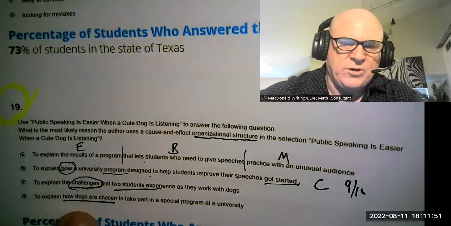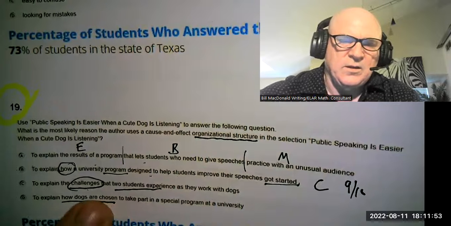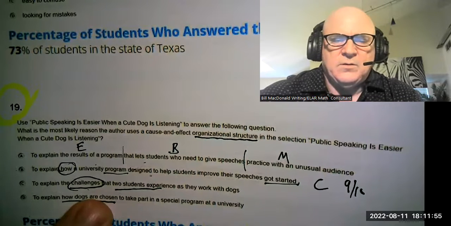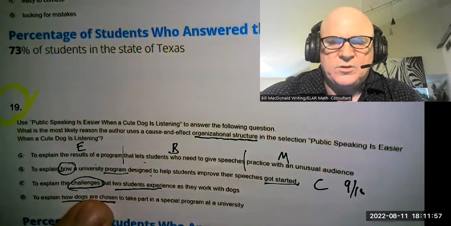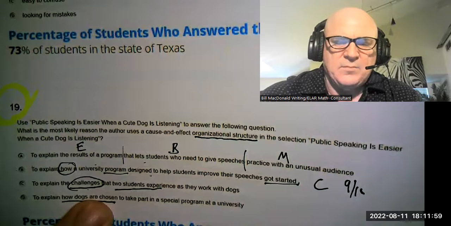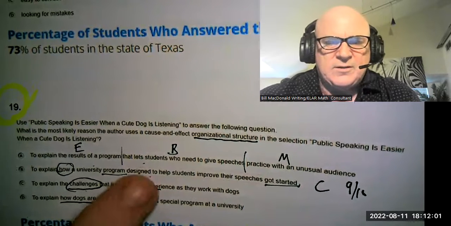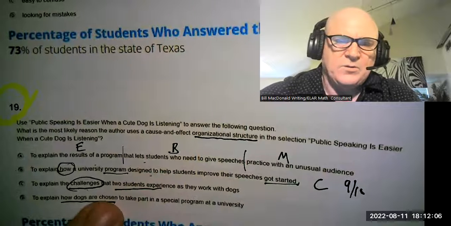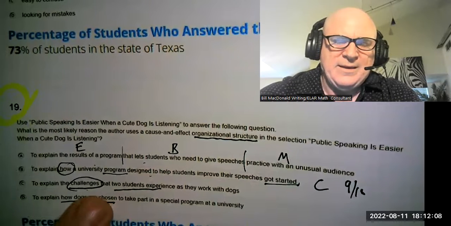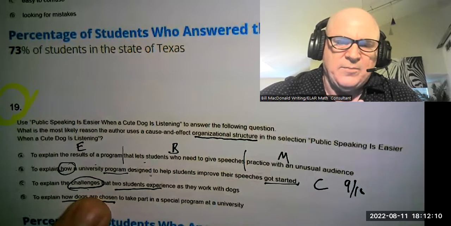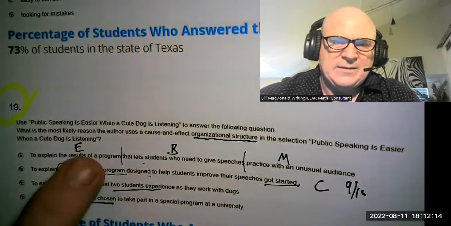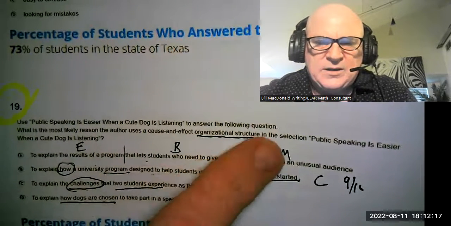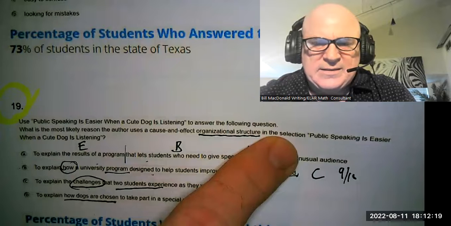To explain how dogs are chosen, okay? So if that's cause and effect, well, they talk about how they're chosen perhaps at the beginning because they need to have the dogs ready when it's time for the kids to give the speeches, all right? So if we're talking about just the beginning, that's great, but they didn't say one section, they said the selection.